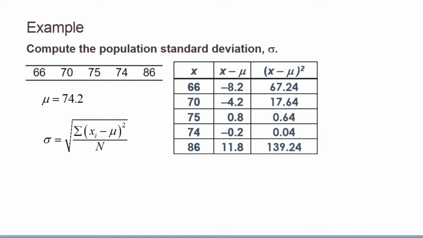Now we're ready to use our formula, so we want to sum our data points for x sub i minus mu, parentheses squared. So adding 67.24, 17.64, 0.64, 0.04, 139.24, we get 224.8.